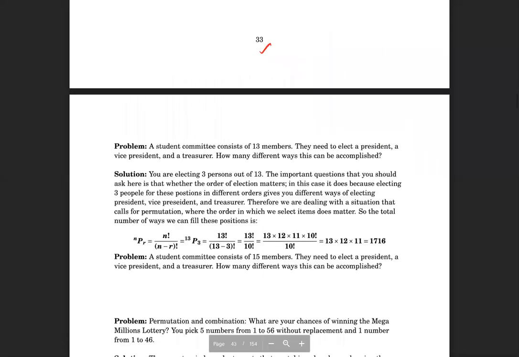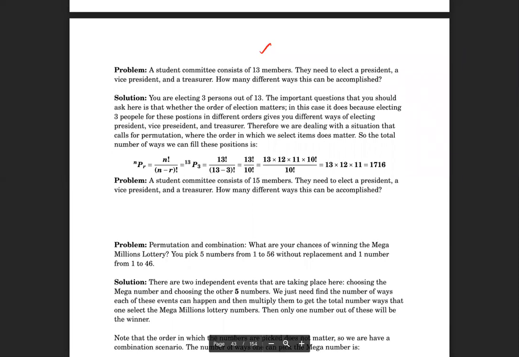Okay, now let's go ahead and do a few problems. I kind of want to do a very simple problem first. Think that you have 8 different chairs.